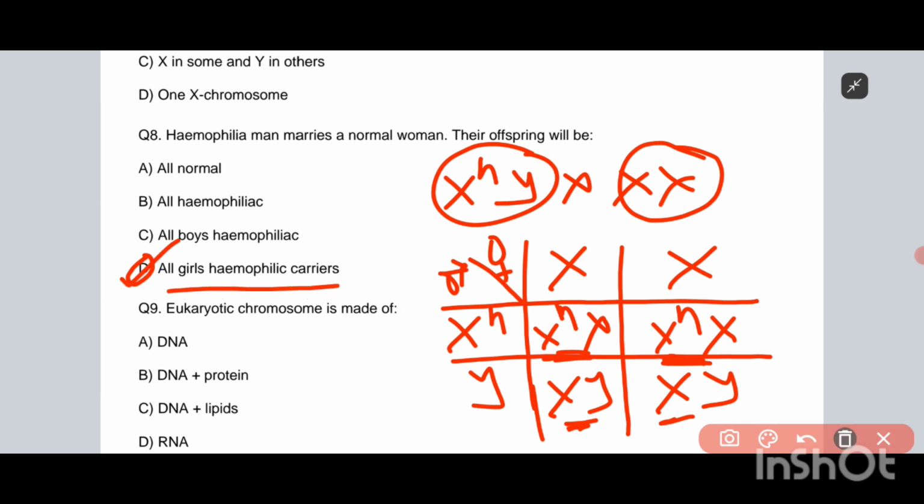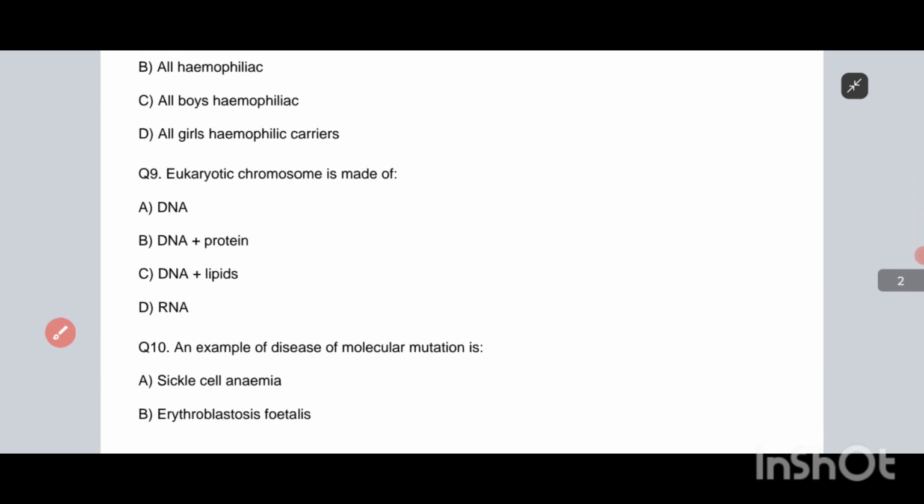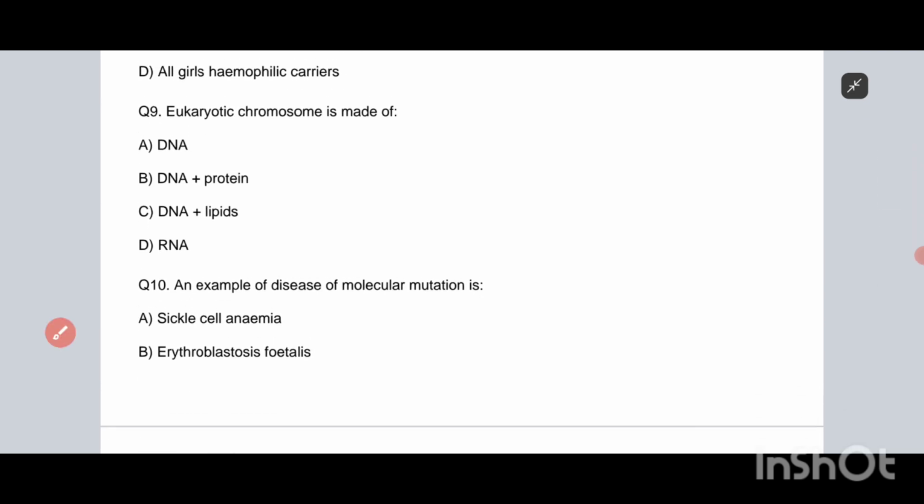Okay. Now we are going to question number 9. Question number 9 says that eukaryotic chromosomes are made of: option A, DNA, deoxyribonucleic acid; option B, DNA plus protein; option C, DNA plus lipids; and option D, RNA.